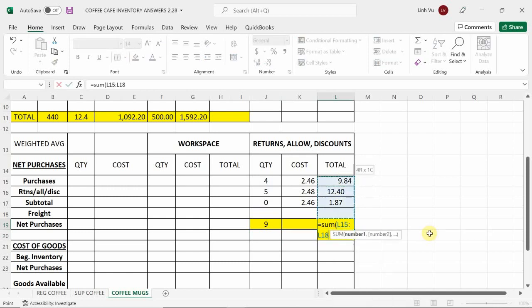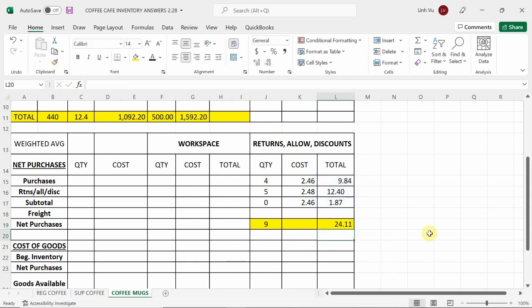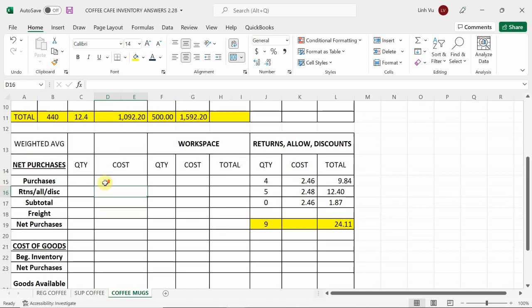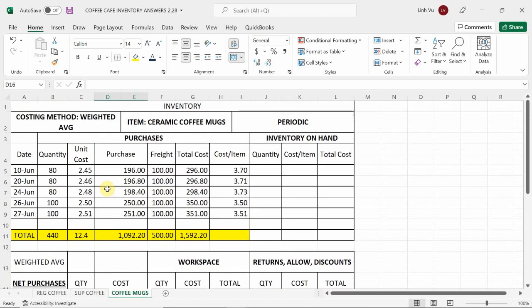In grand total, we returned a total of $24.11. So that's what we need to plug into our little section here. What are we figuring out?